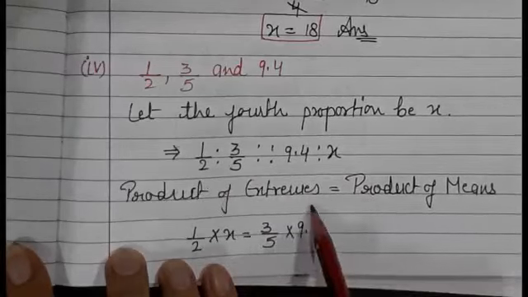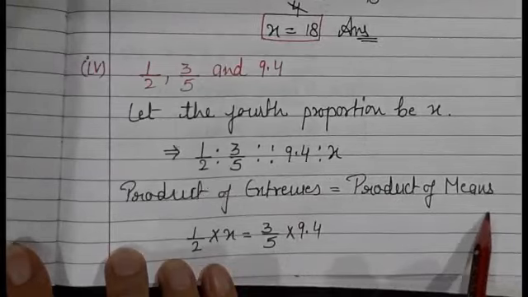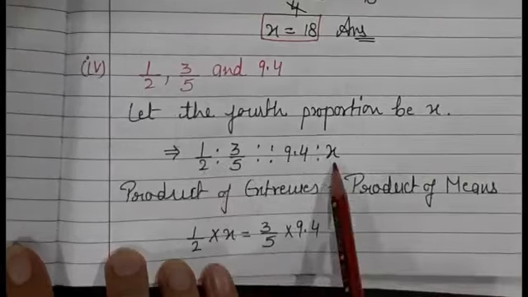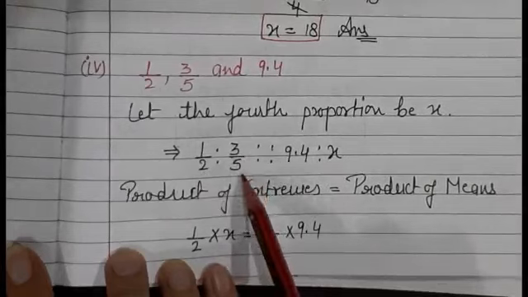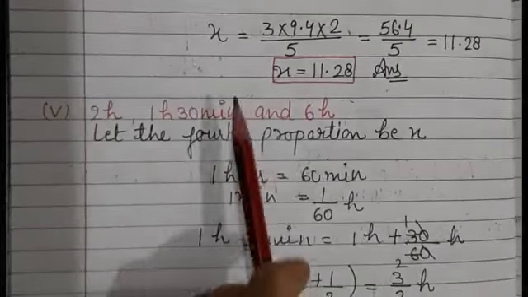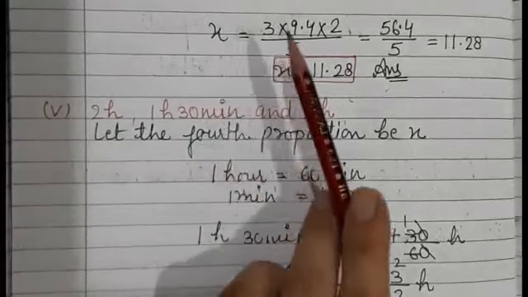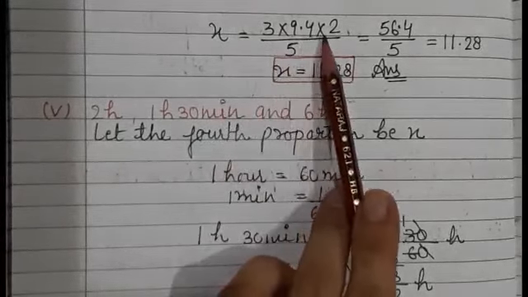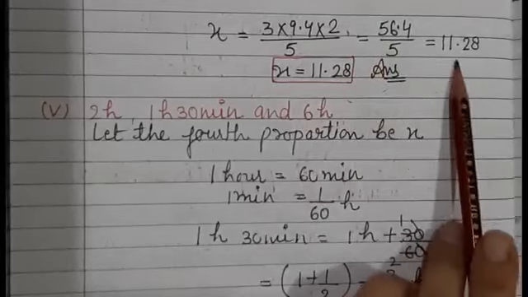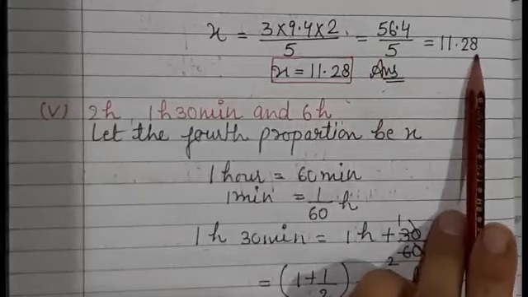So product of extremes is equal to product of means. Product of extremes 1 upon 2 into x is equal to 3 by 5 into 9.4. When we calculate value of x, it will be 3 into 9.4 into 2 by 5. Simplify, 11.28 will be the answer.